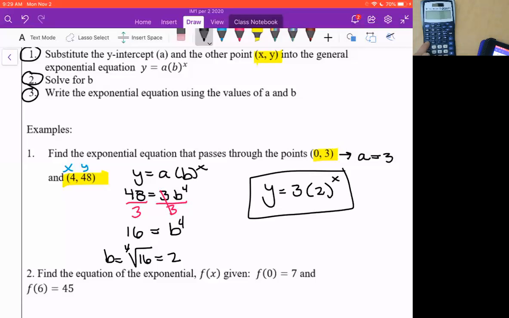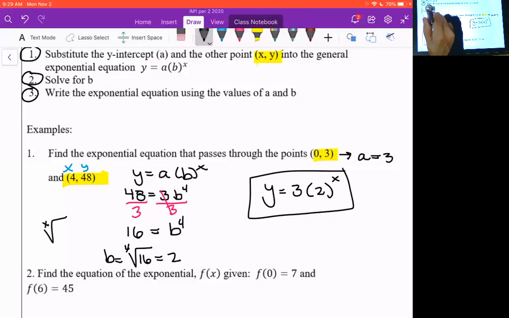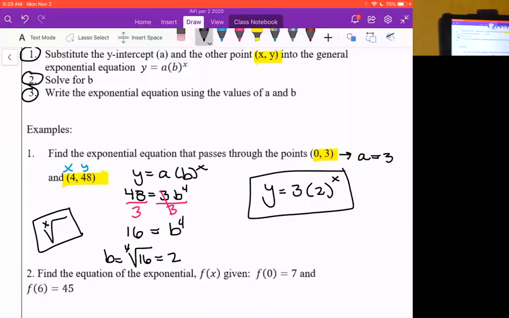Most likely it is the shift button on your exponent key. So here's my exponent key, that little caret. And right above it, you will see that it has an X root. It looks like this. It's got this little root symbol, and then it's got a little X in it. So that can be used for any root that you want: a third root, a fourth root, a fifth root, a sixth root, whatever root you want.